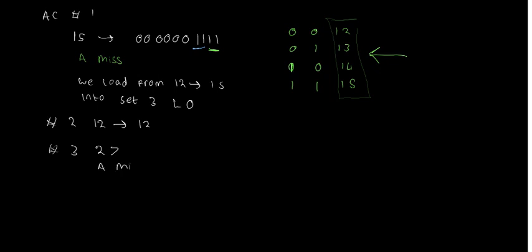We convert this to binary, which is 0 0, then 0 0 0 0 0 1, then 1 1 0 1 1. So this is the binary representation. I've added an extra bit, haven't I?